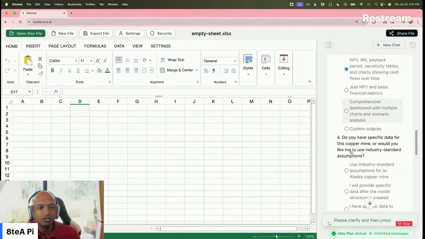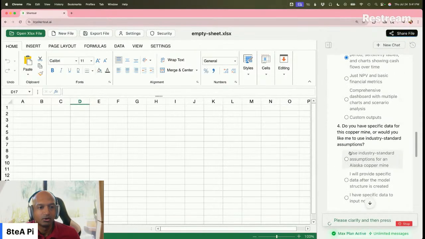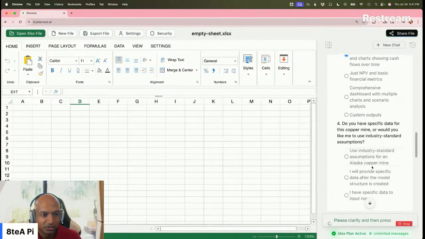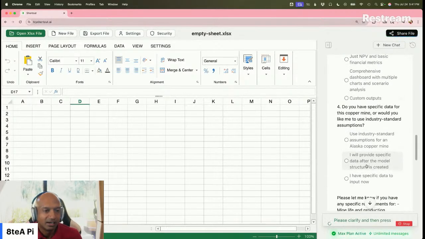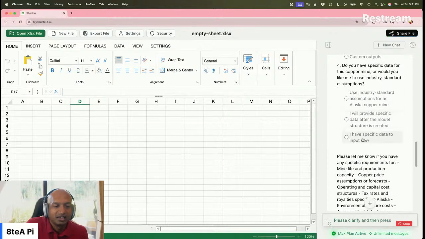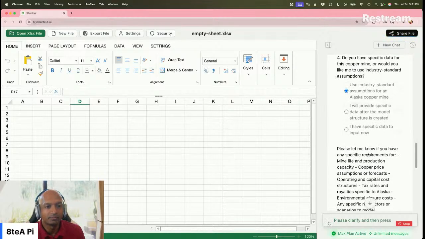Do you have specific data for this copper mine, or would you like me to use industry standard assumptions? I actually wish I had specific data. I'm just going to use industry standard assumptions for an Alaska copper mine.